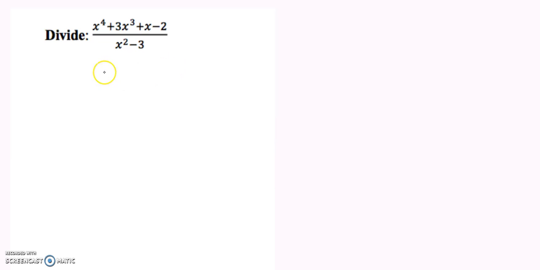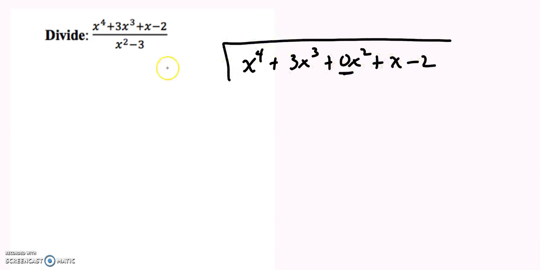Okay, let's see if we got the right answer. You needed an x to the fourth, a 3x cubed, and you need a 0x squared for the placeholder, plus an x minus 2, and we're seeing if x squared minus 3 really goes into this dividend. I'll start with the lead terms, and I get x squared.